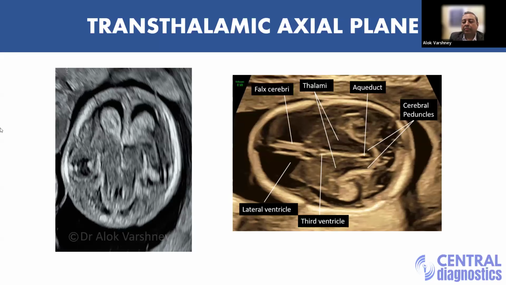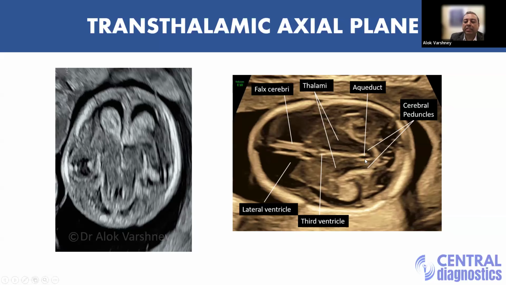But once you've done that, be sure that you know the anatomy of the transthalamic plane. So these are the two lateral ventricles. These are the choroid plexuses. In between, there's a falx cerebri dividing the brain into two halves. Here we have the two thalami. These are the cerebral peduncles, and in between the cerebral peduncles, we see a small cystic space like this.